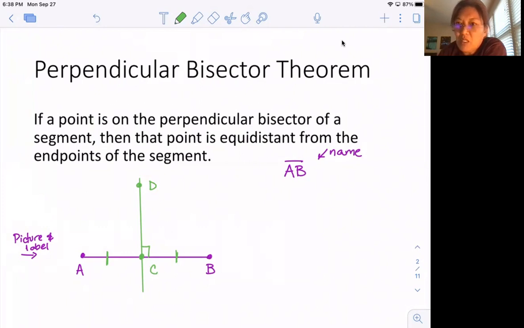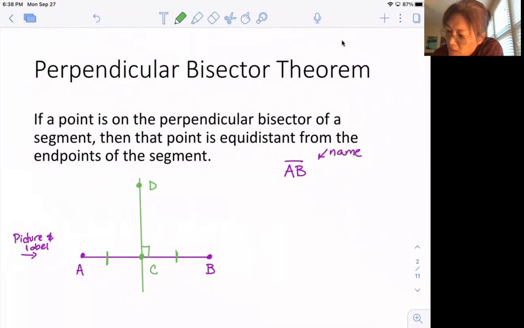The endpoints of the segment are A and B. So let's say this is point X. XA and XB are congruent. We could move that point around. Maybe it's point Y, and then YB and YA are congruent.